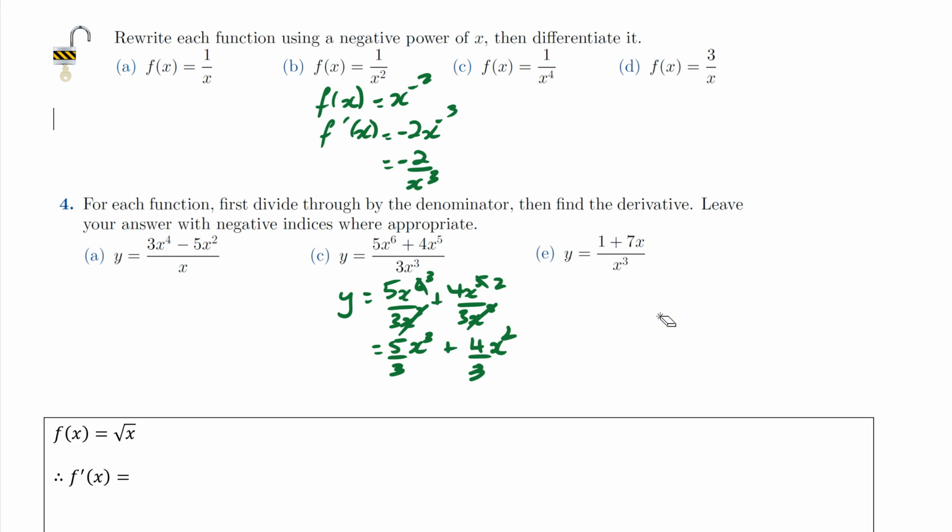So at that point, when I find y dashed, I just apply my usual rule. So 3 lots of 5/3 will just be 5, and I subtract 1 from the power, and 2 lots of 4/3 will be 8 on 3, and I subtract 1 from the power.